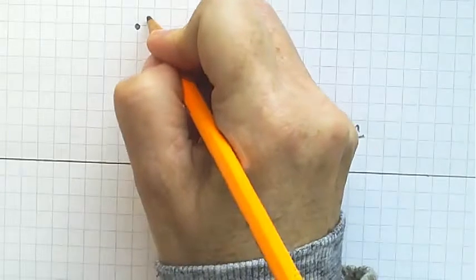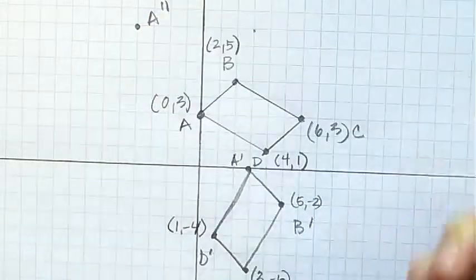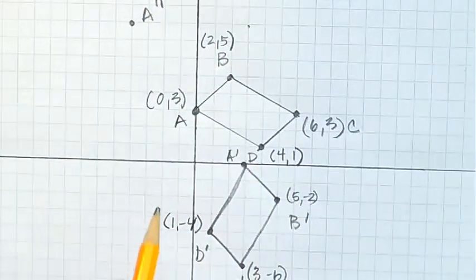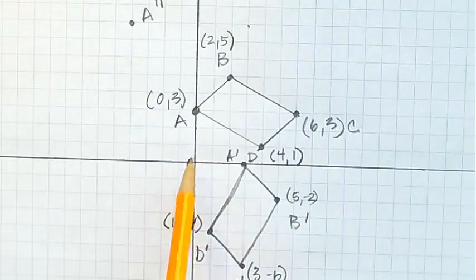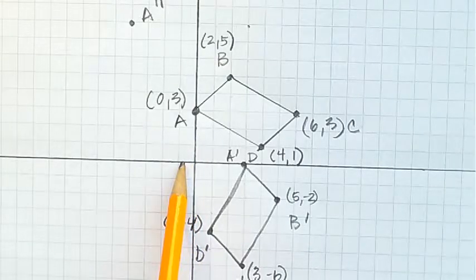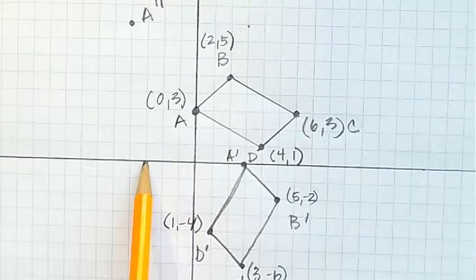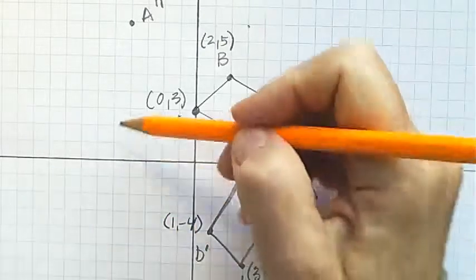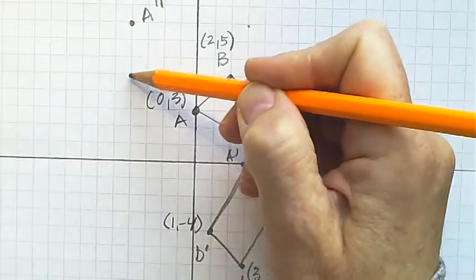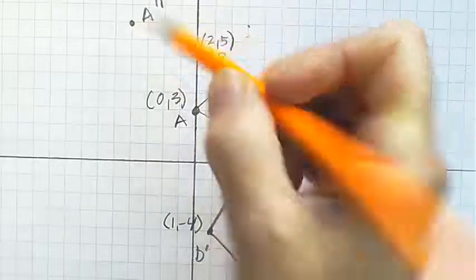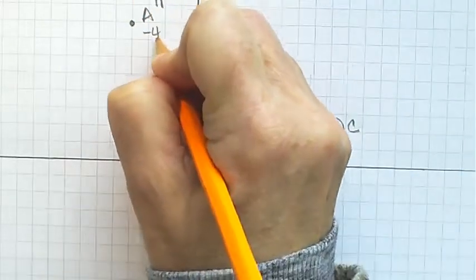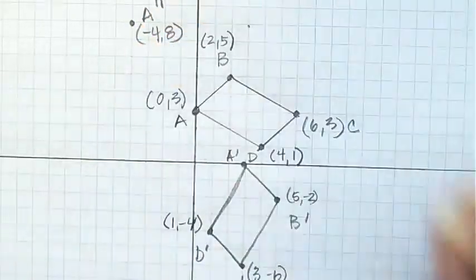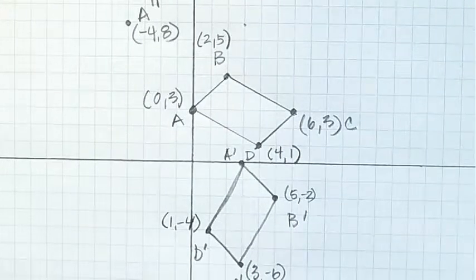okay, that's the new A prime, A double prime, and that would be at, I'm going to show you on the graph and then I'm going to do it without the graph. Let's see, 1, 2, 3, 4, -4 and positive 1, 2, 3, 4, 5, 6, 7, 8. So -4, positive 8. Now, all of those points moved up 8.